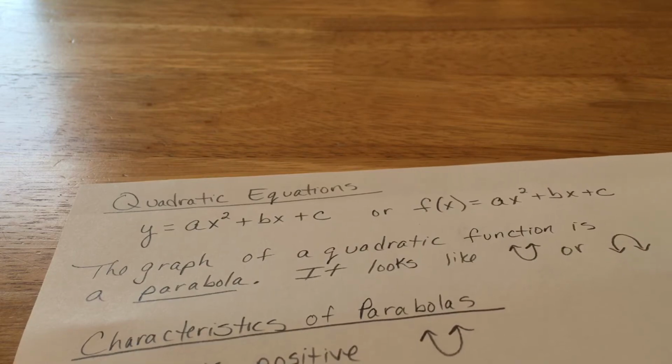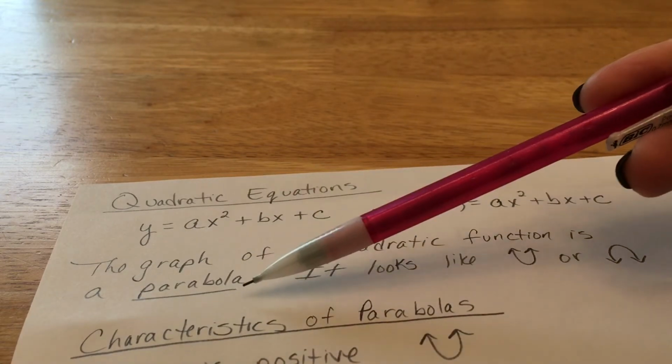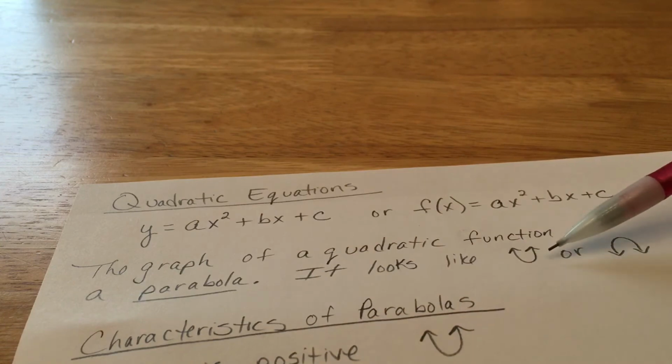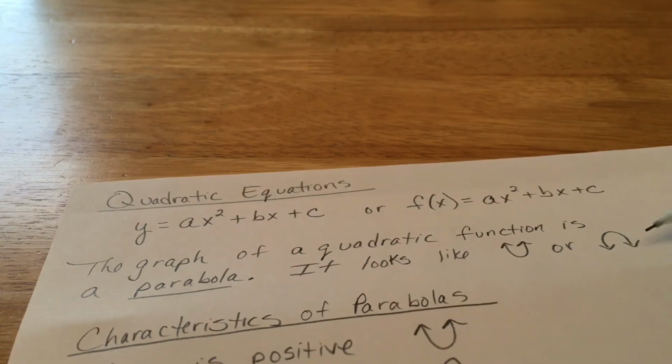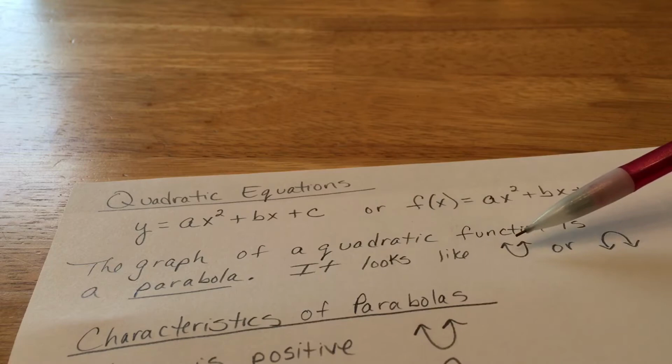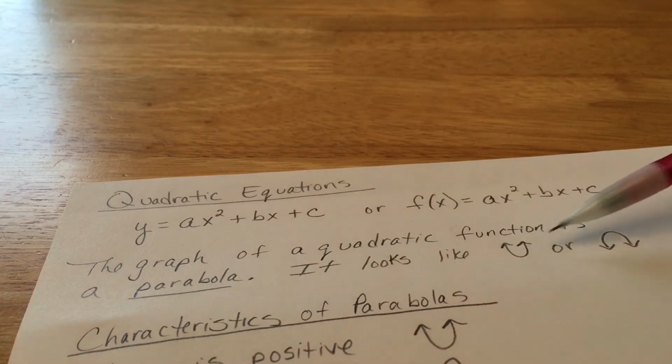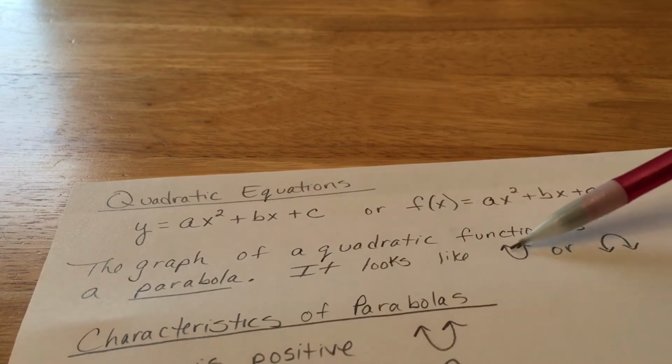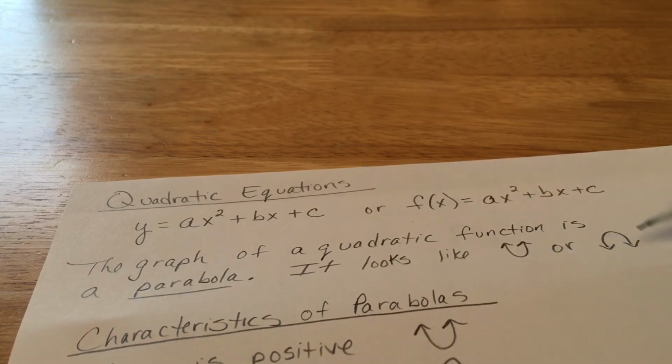So the graph of a quadratic function is something called a parabola. And it either looks like a right side up U or an upside down U. So how do we know if that parabola opens up if it faces up, or opens down if it's facing down?